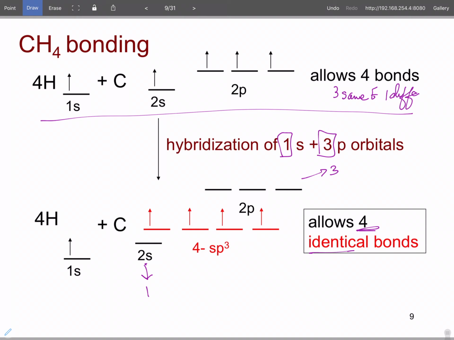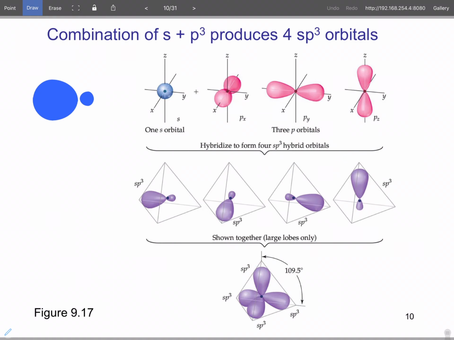So what we've done is taken 1 white and 3 reds, mixed them together and gotten 4 identical pinks. And the beauty of that is we know that when carbon forms 4 bonds with hydrogen, all 4 hydrogen bonds are identical. And the only way to achieve that is with hybridization.